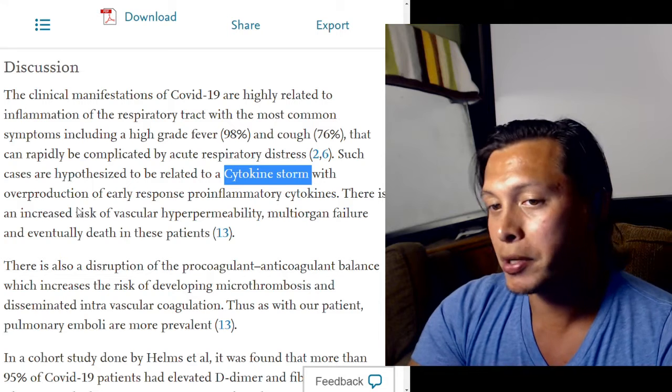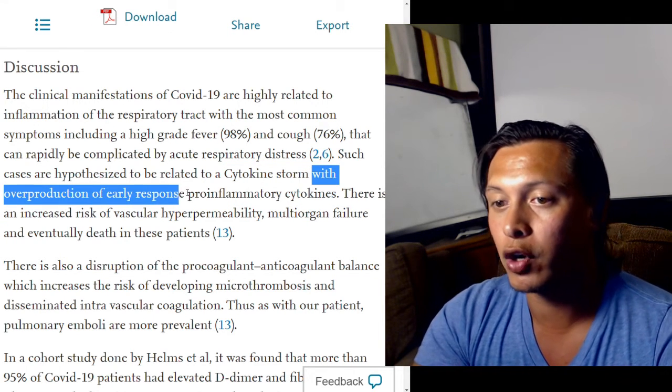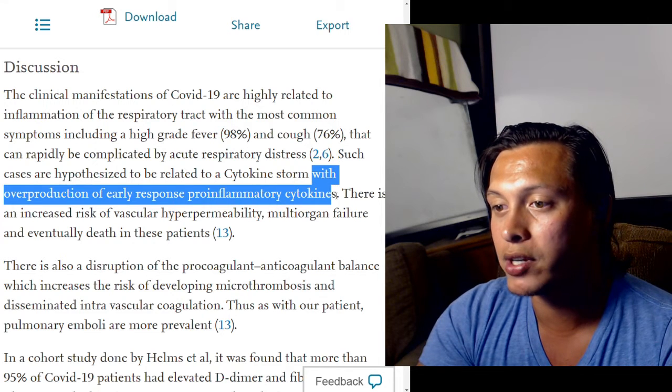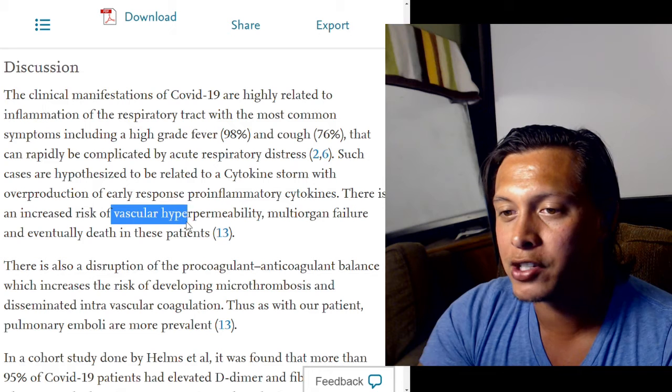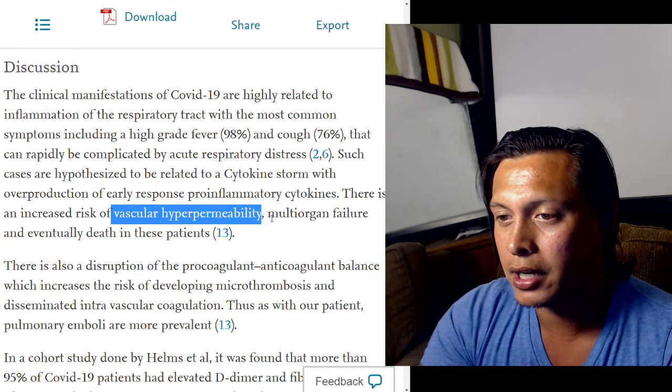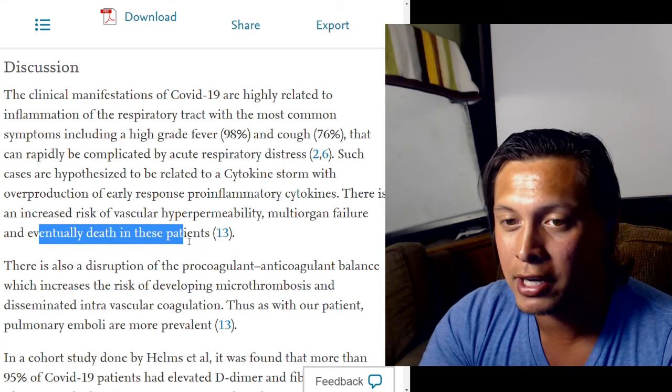Anyways, with overproduction of early response pro-inflammatory cytokines, there is an increased risk of vascular hyperpermeability, multi-organ failure, and eventually death in these patients.